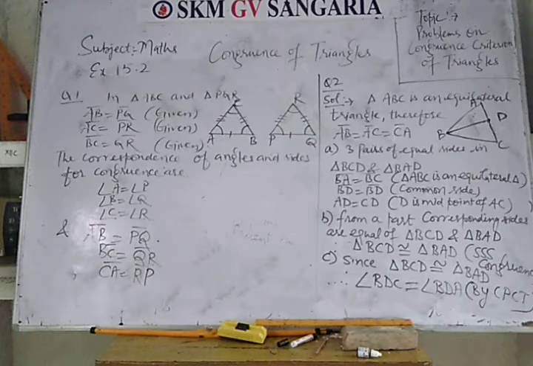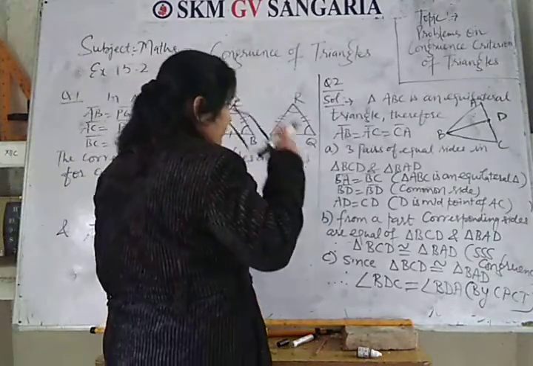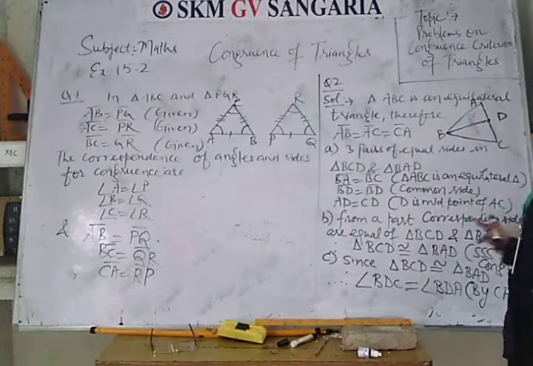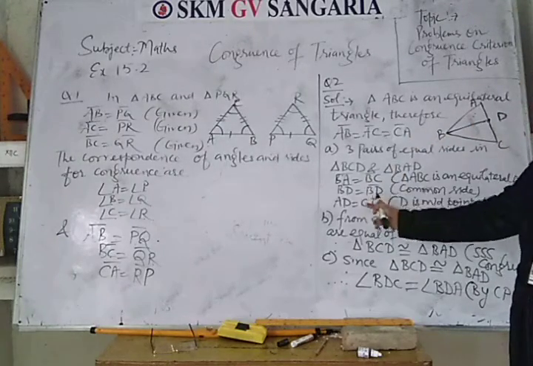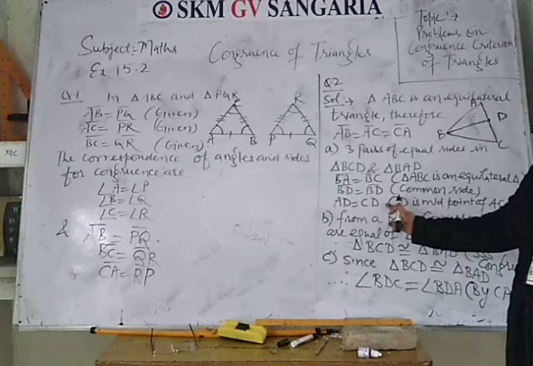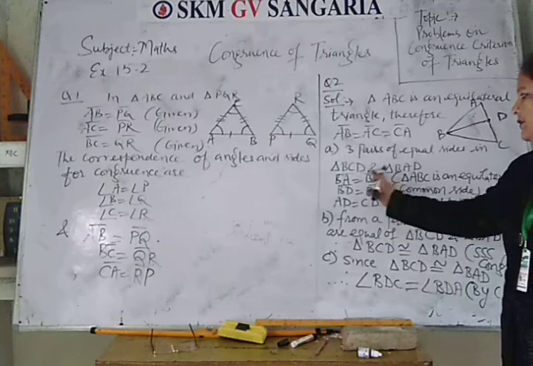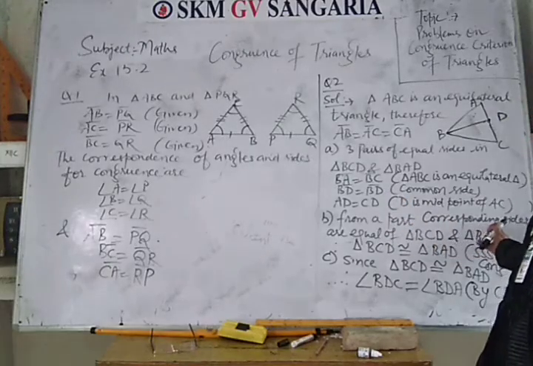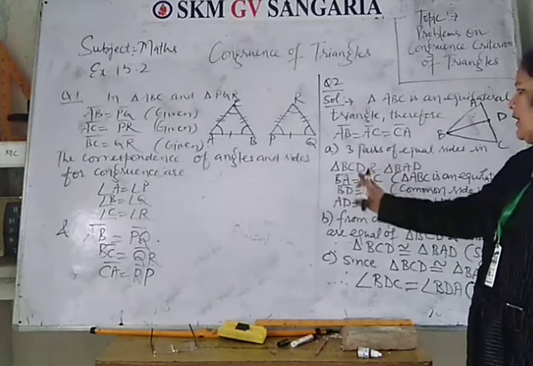In part B, is triangle BCD congruent to triangle BAD? Give reasons. So from part A, corresponding sides are equal. If you want to write this again, you can write it as per your wish.